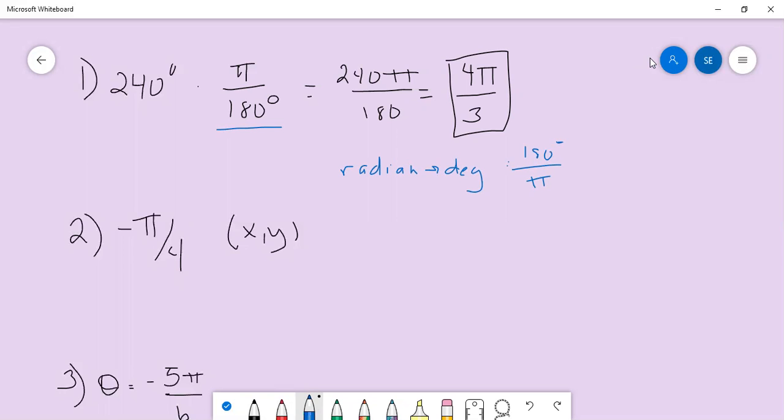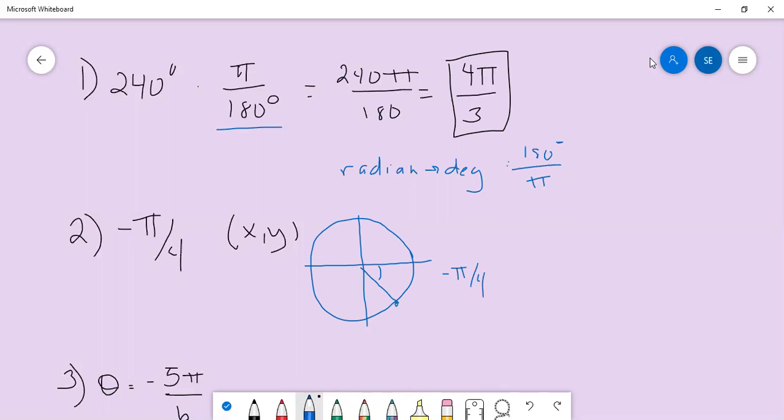The second question was they wanted the exact points for x and y on the unit circle for negative pi over 4. So I'm very graphical, and I just like to have my unit circle here, and we're looking at negative pi over 4. So this angle here is negative pi over 4.